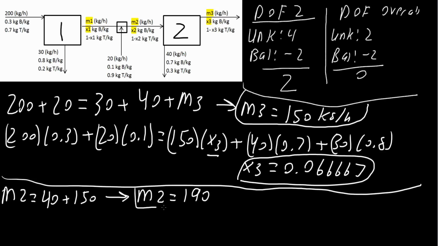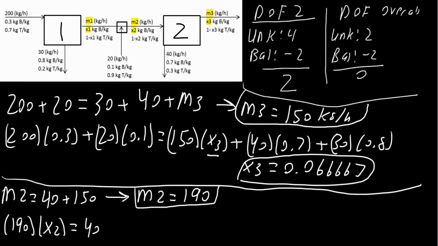So let's box in this answer. Next, we're going to get X2. The exact same idea. Now that we know M2, we could say that 190 times X2 is equal to 40 times 0.7 plus M3 times X3.